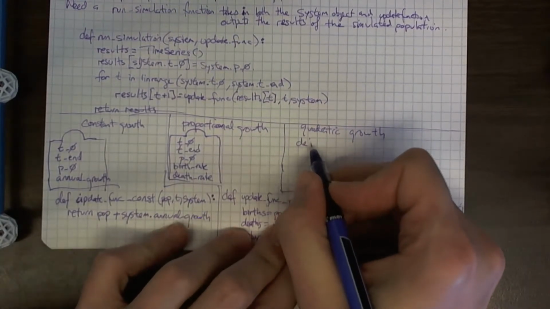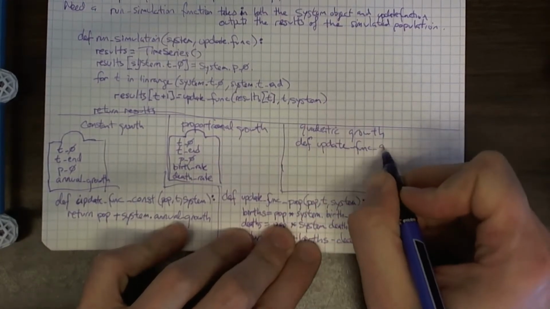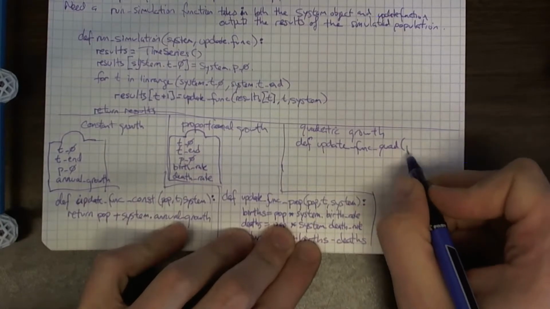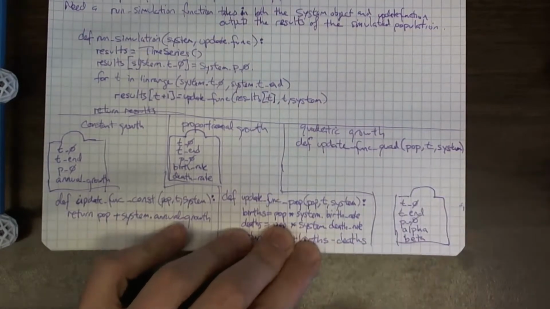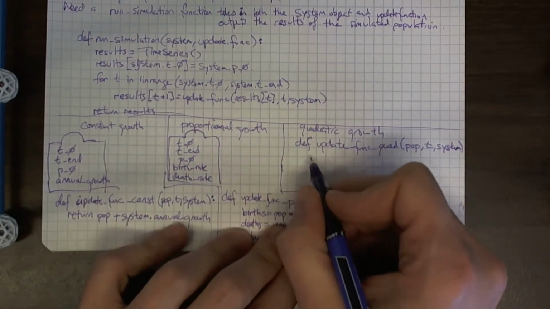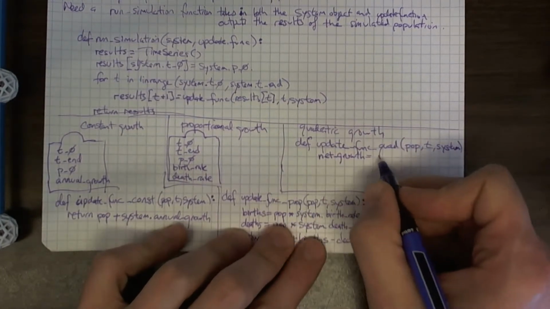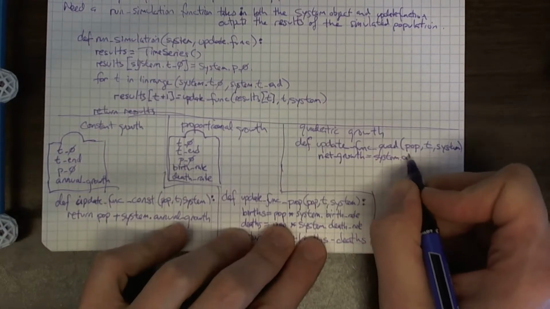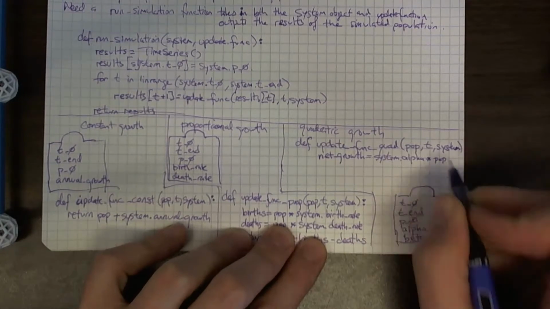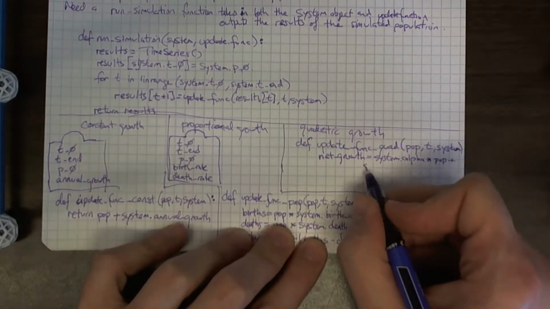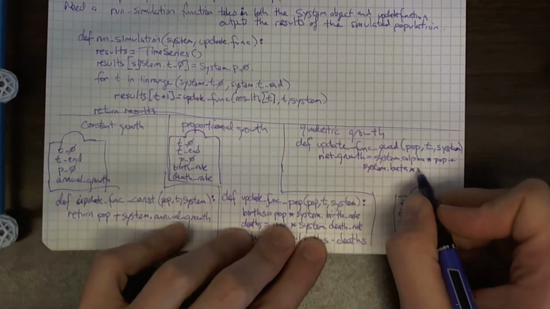Then we define the update function for the quadratic growth that takes in the current population, the current time, and all the system variables. We define the net growth to be equal to system.alpha times the population plus system.beta times the square of the population.